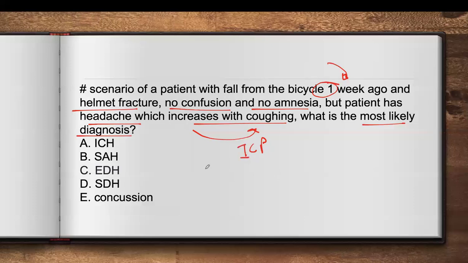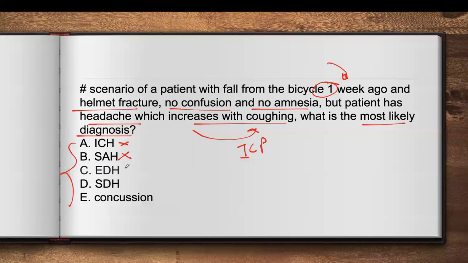So we need to find out what out of this can cause a subacute presentation, because this is not an acute presentation. Like if it was an intracerebral hemorrhage, patient would not wait for 1 week. If it is subarachnoid hemorrhage, again, patient will not wait for 1 week.